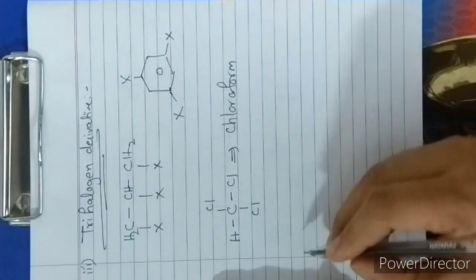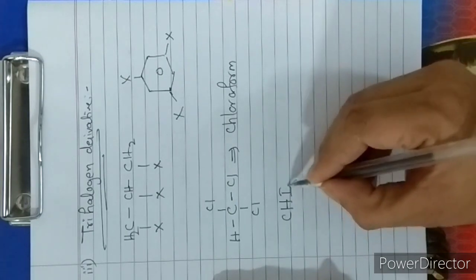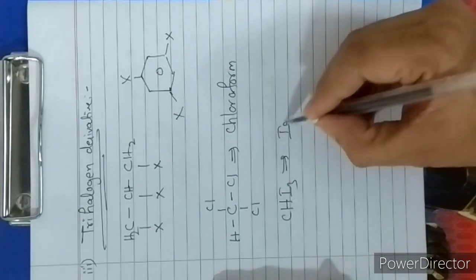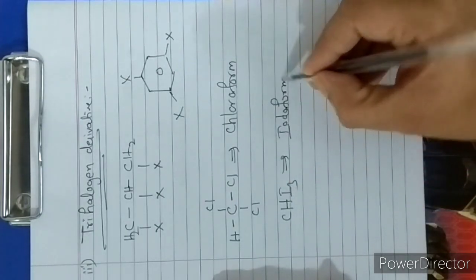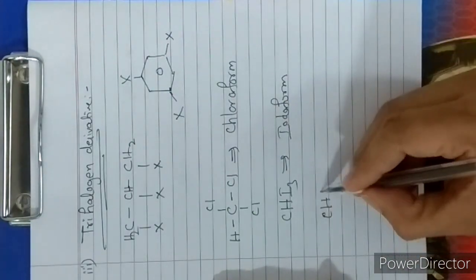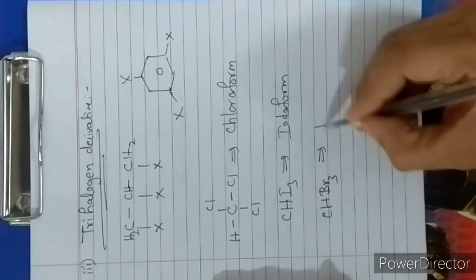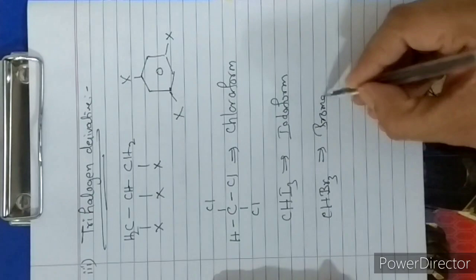In the same manner, if I write CH and I3, this is iodoform. If I write methane, again replacing all the 3 hydrogen by Br, it will be bromoform.